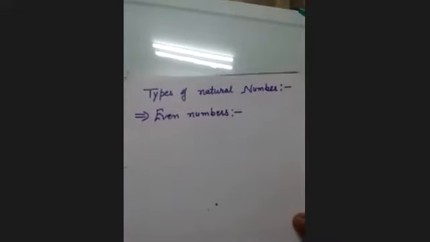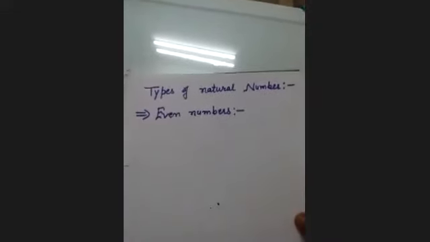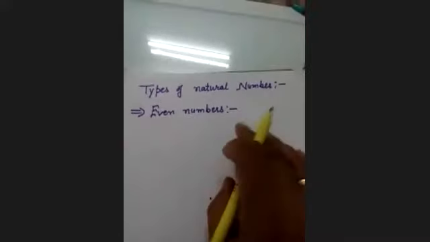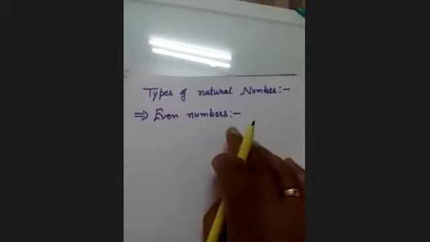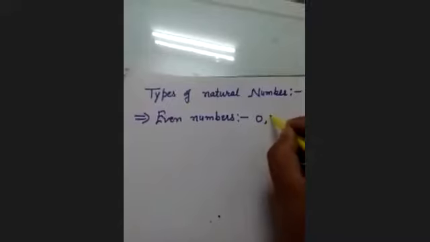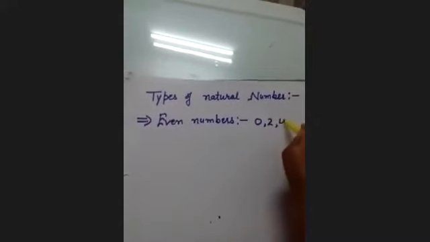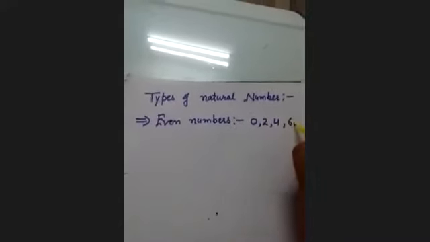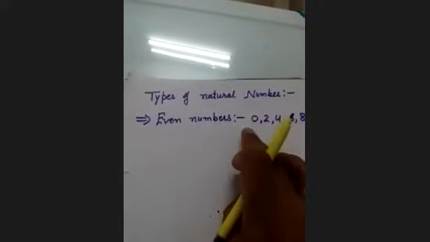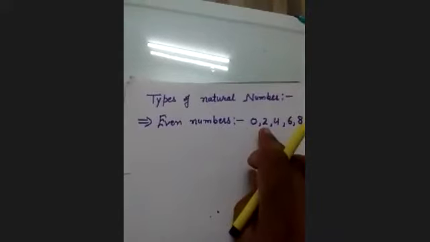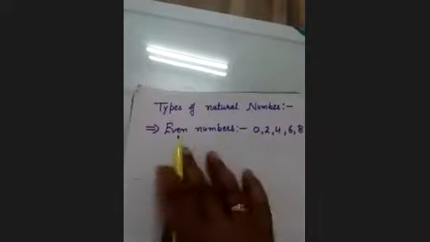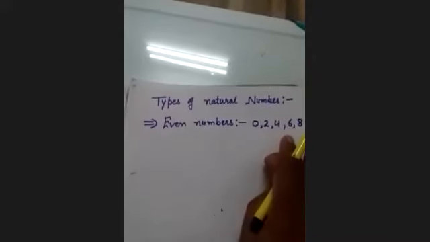What are even numbers? All natural numbers which end with 0, 2, 4, 6 and 8 are even numbers.